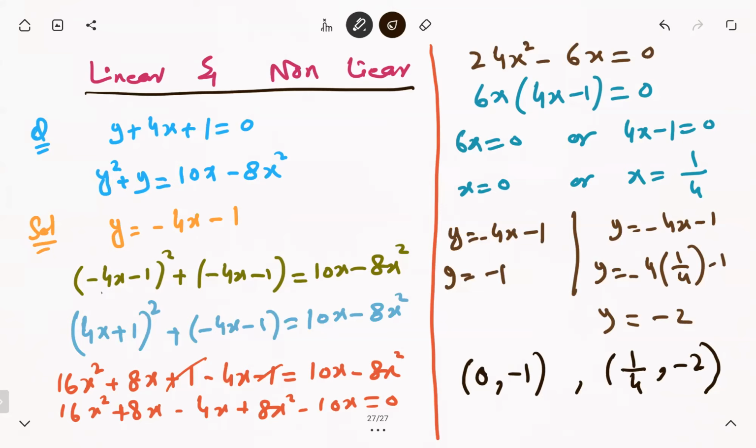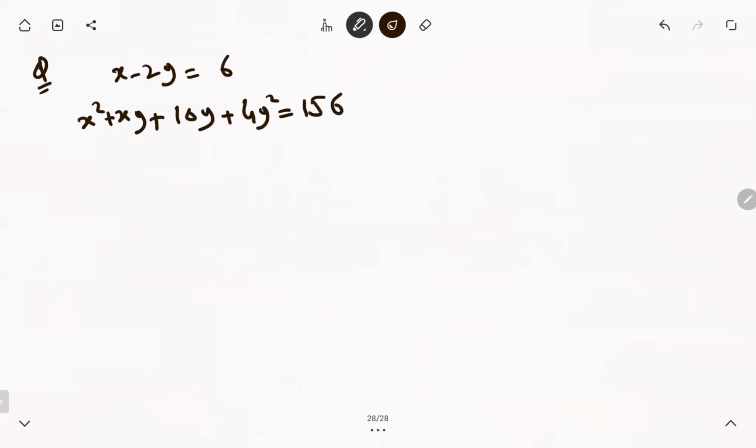Okay, one question for you, and then we'll move forward. The question is, the line x minus 2y is equal to 6, and the curve x square plus xy plus 10y plus 4y square is equal to 156.